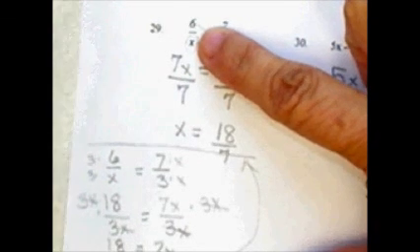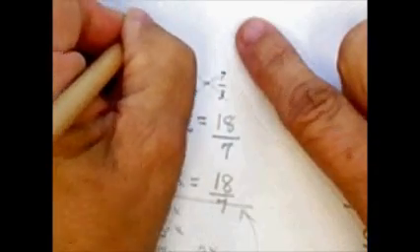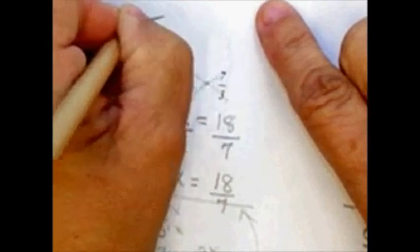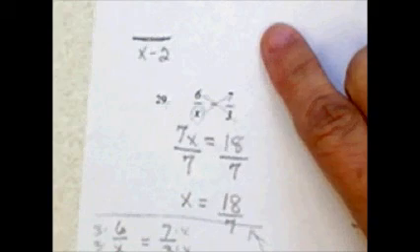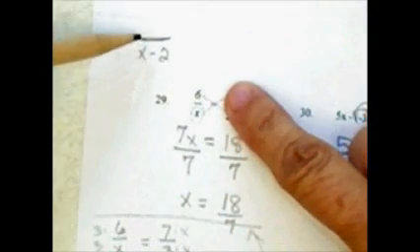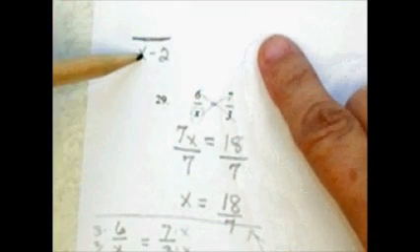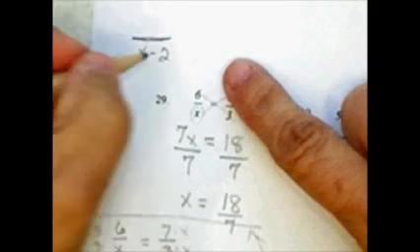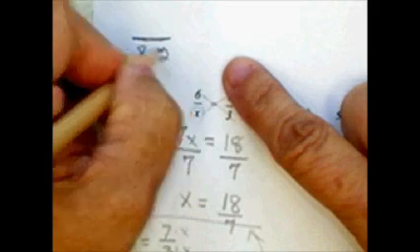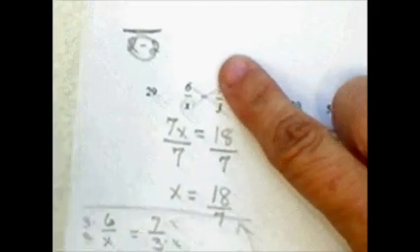Let's say you had x minus 2 on the bottom, and you've solved this whole big equation and it works out that x equals 2. But if you were to put in x equals 2 here, 2 minus 2 is 0, so that would make this whole denominator 0. So 2 could not be an answer to that problem, because there's no way that you can ever work a problem and have 0 as a denominator.